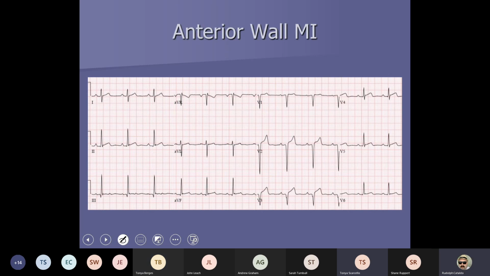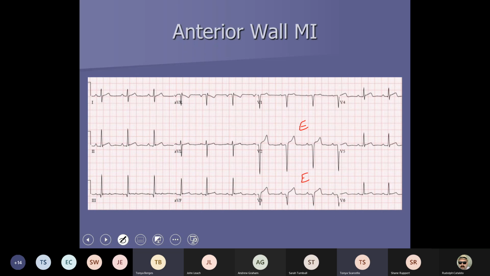Elevation. Okay, where? There's slight elevation in lead 1, but I see elevation again in, let's see, the V3 to V6 area. Well, V2 and V3. Okay, so elevation in V2, elevation in V3. Anybody else? Anywhere else? A slight elevation in 1.